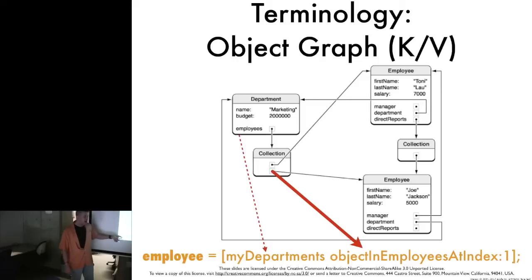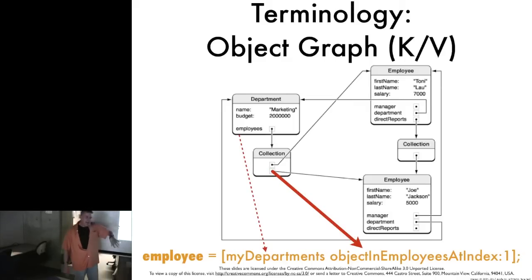So let's say we've got an instance of an employee. The way that we pull them out is we've got an instance of our department, and we say, all right, I want the second person, number 1 in our collection. I want to pull that person out, and I want to make him our employee.